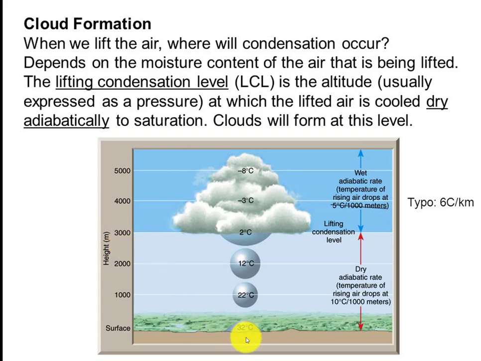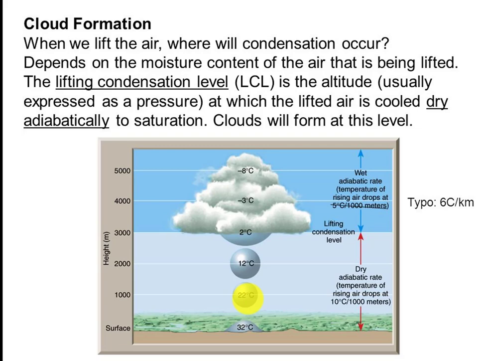So when a parcel of air is lifted, you can see that we have a rate change of 10 degrees Celsius for every 1,000 meters. So we start at the surface, which is 0. We go 1,000 meters. The temperature went from 32 degrees to 22 degrees Celsius.